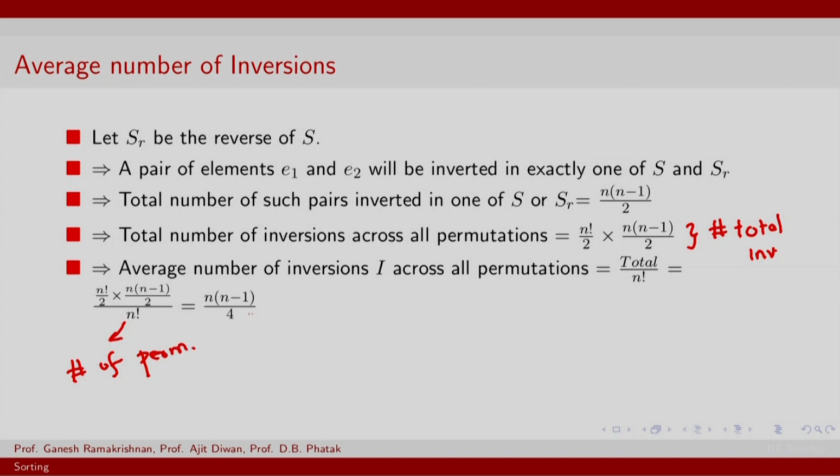This ratio turns out to be n into n minus 1 by 4. Effectively all we are saying is the number of pairs inverted in one of S or SR is n into n minus 1 by 2, and we know that this contributes half to SR and half to S. So half of this should actually be the average number of inversions. That is an easier way of rationalizing.